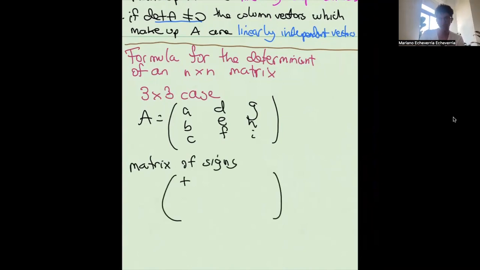It always starts with a plus and then it just alternates. So it's plus minus plus, minus plus minus, plus minus plus. This matrix of signs always begins with a plus in the upper left corner, and that determines everything else because the sign has to flip.